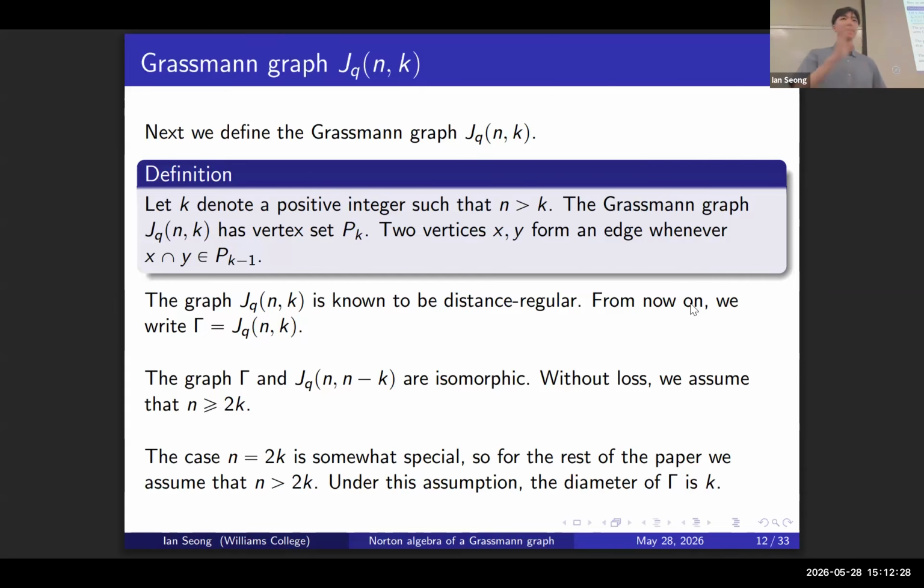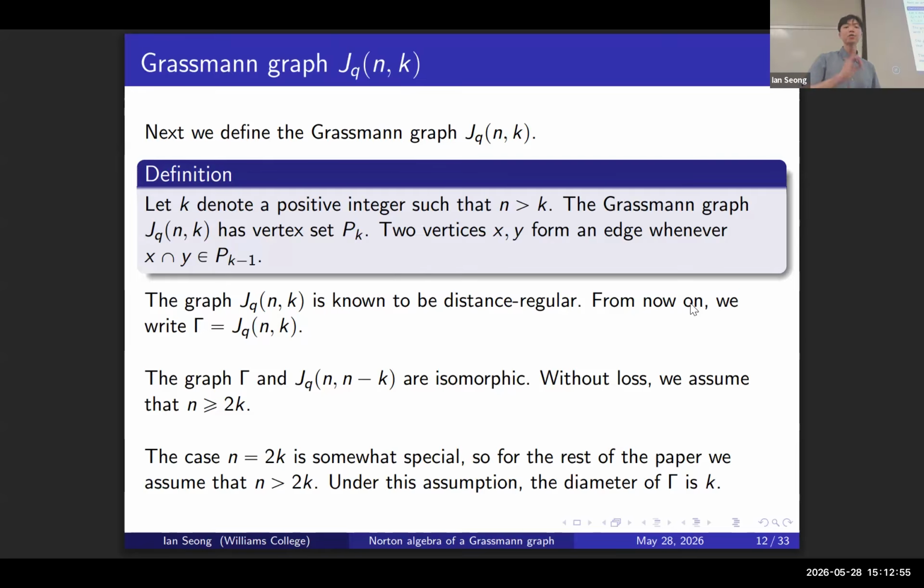All right, so some remarks. The Grassmann graph is known to be distance regular. So from now on, we're going to write gamma to be the Grassmann graph J_q(n,k). And one fact that we know is that the graphs J_q(n,k) and J_q(n,n minus k) are isomorphic. You can see that by just flipping the projective geometry upside down. Hence, without loss of generality, we're going to assume that n is greater than or equal to 2k.